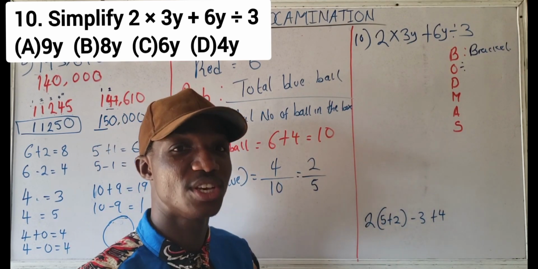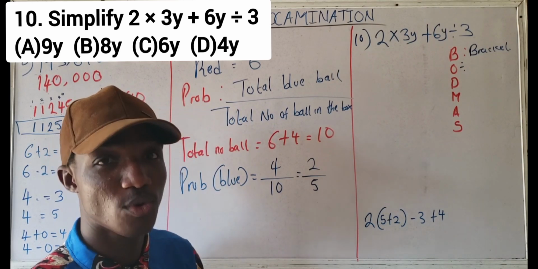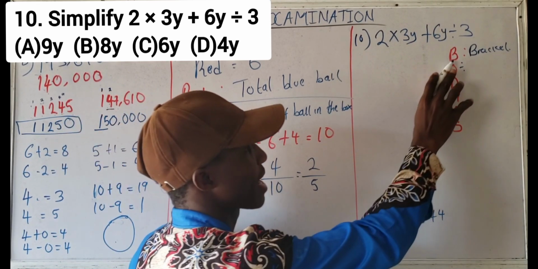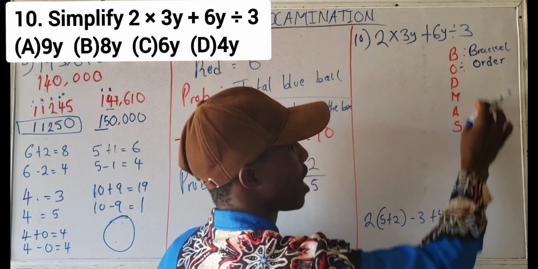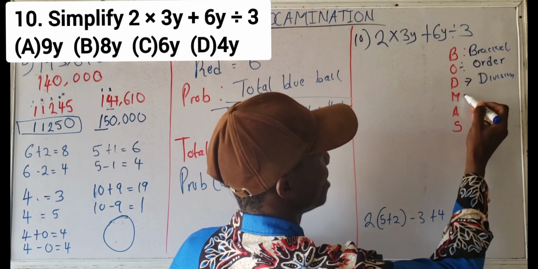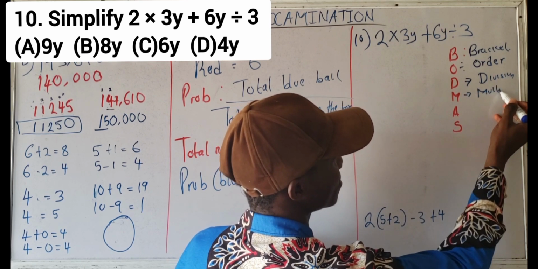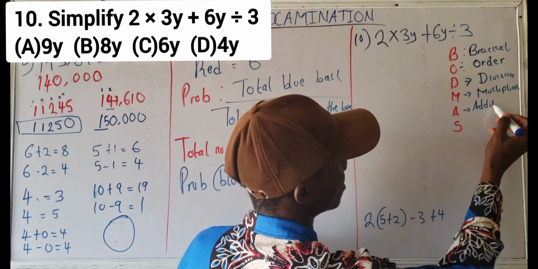Now, after simplifying what you have in the bracket, follow this order. These are the orders that you are asked to follow. Solve division after bracket. Then proceed to multiplication. Then proceed to addition.